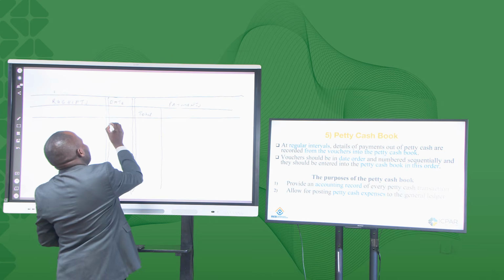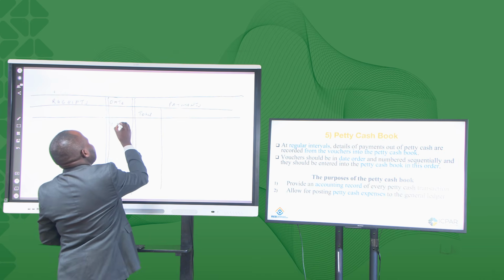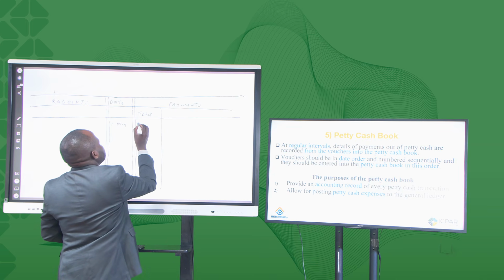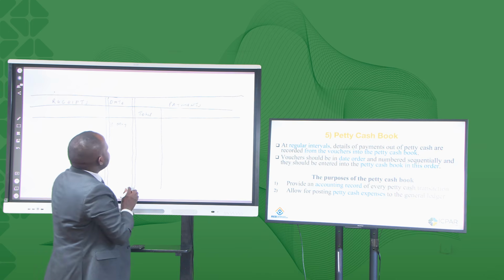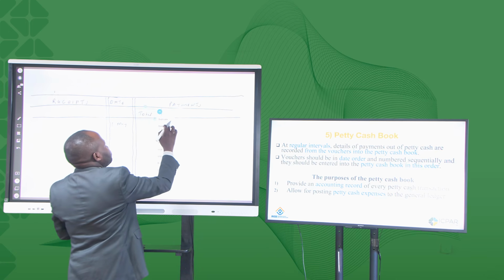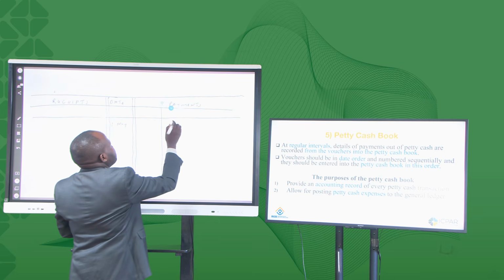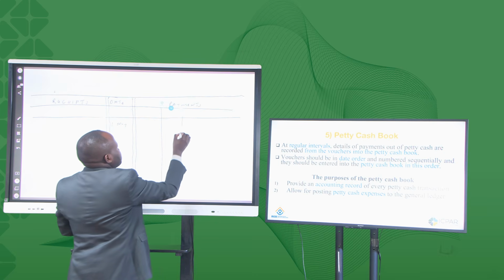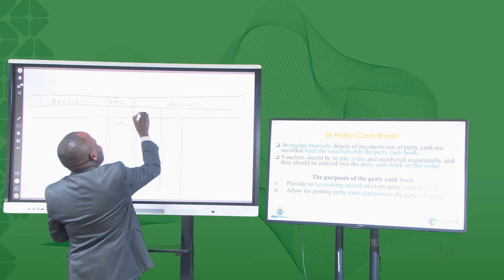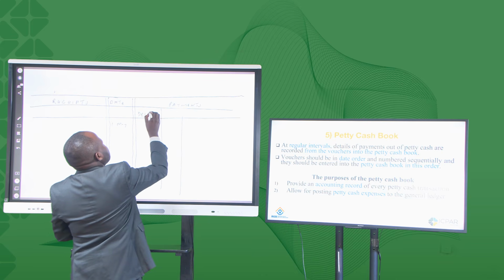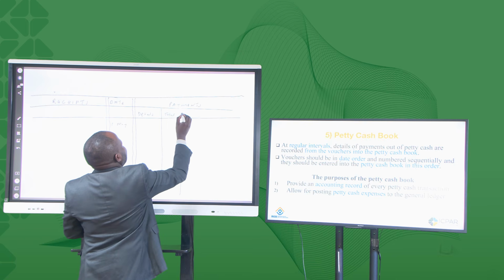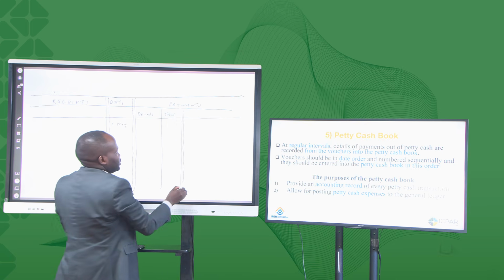So maybe on the 1st of May, there was maybe even telephone. Sorry, there is a section I've left out, an important one. So here we'll have details, and then we'll have totals, and then the breakdown of the totals.